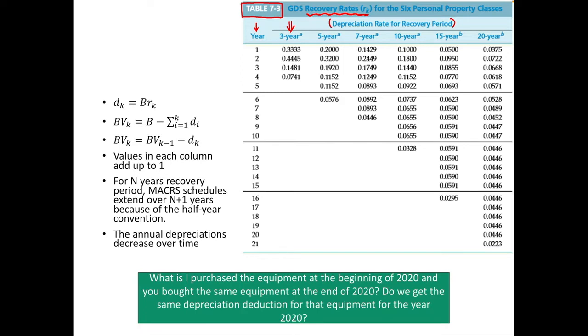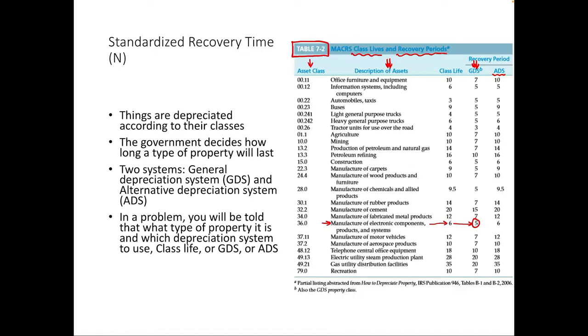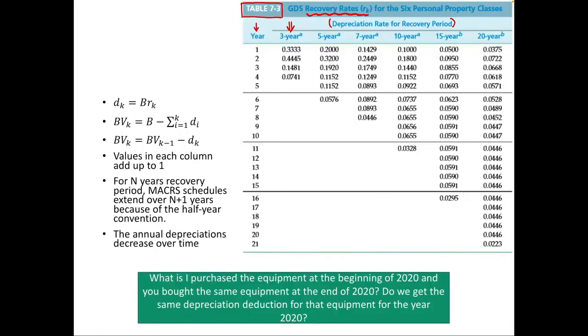And so whenever in the problem you find that your property is under a class and the GDS life is 3 year, for example, then you need to check this table for the column of 3 year, and then you will find these numbers 0.33, 0.44, and so on.